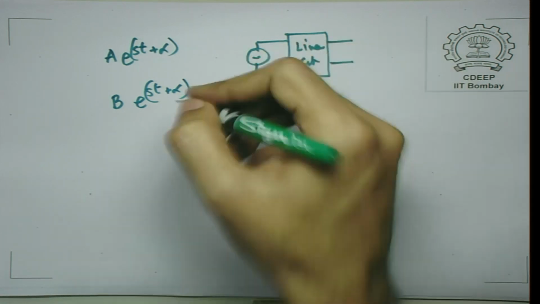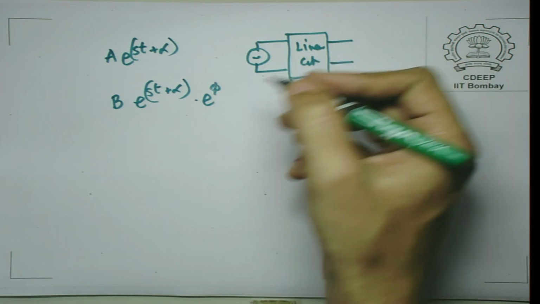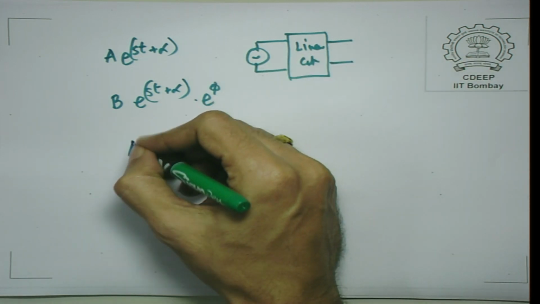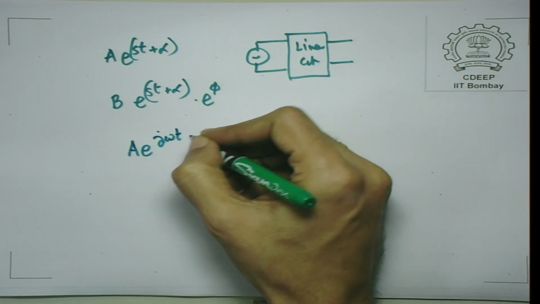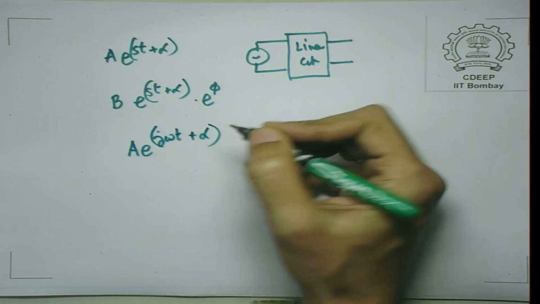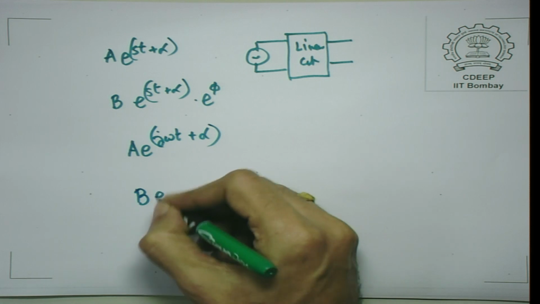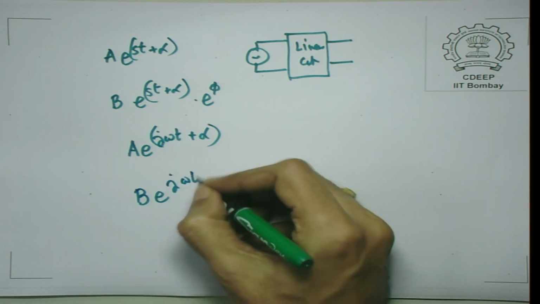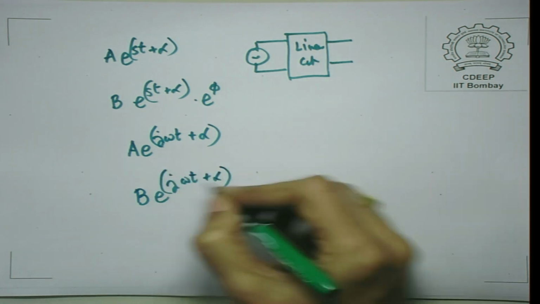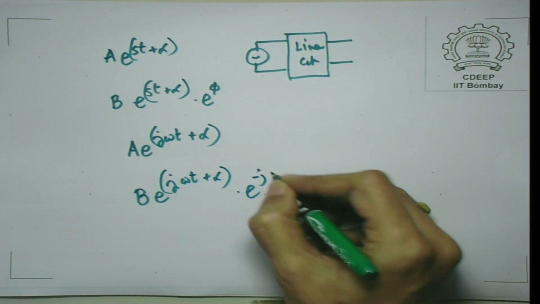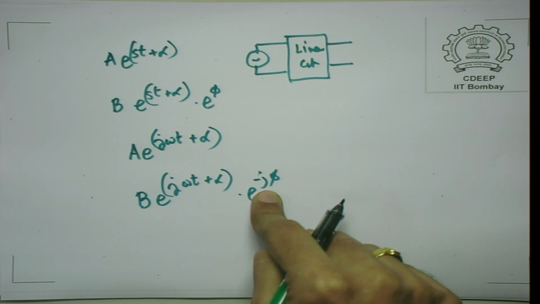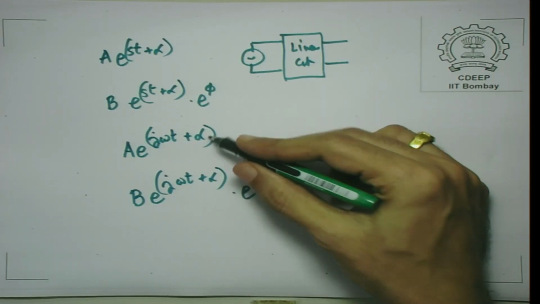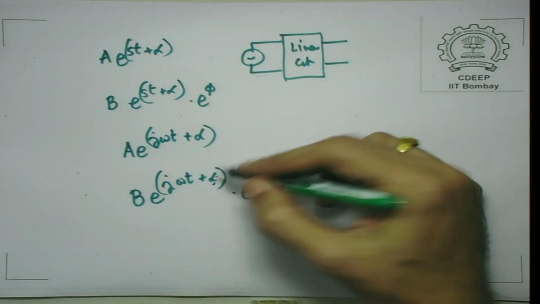Of course, you can have complex numbers. For example, when you have sinusoids, suppose you have e raised to j omega t plus alpha, then you can have the output to be e raised to j omega t plus alpha and also a phase shift, for example a phase shift of minus phi. So, this a gets scaled and there is a phase shift. Of course, the wave shapes are the same. That is an important thing.